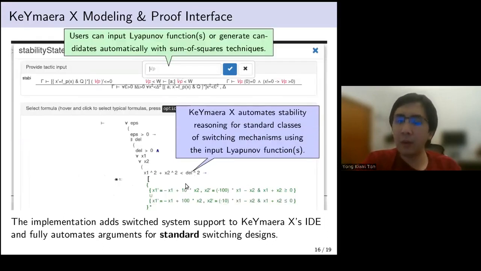Given such a model, we also provide proof automation for those models, in the sense that users can either manually put in their Lyapunov functions, or we can automatically search for Lyapunov function candidates using well-known sum of squares techniques. In either case, given such a Lyapunov function, KeYmaera can then automate the rest of the stability proofs using the idea of invariance that I talked about earlier.